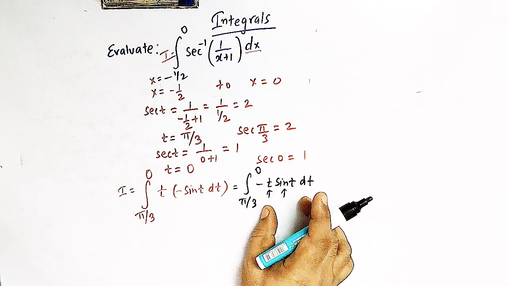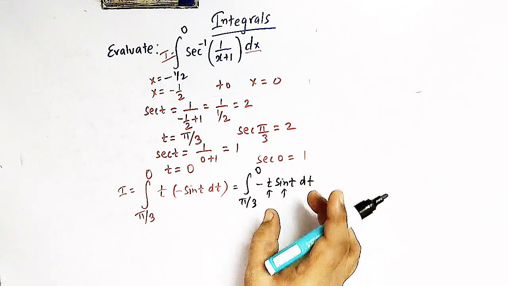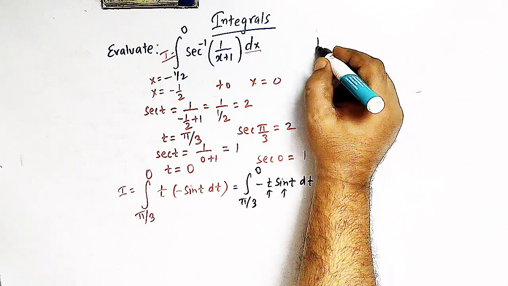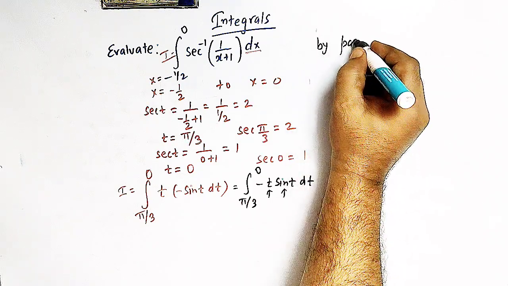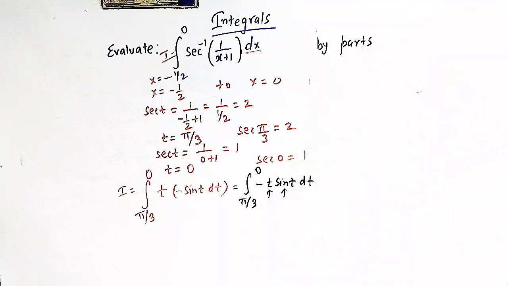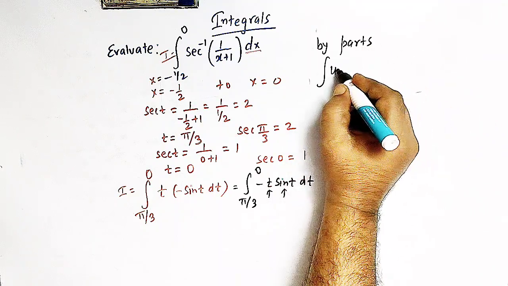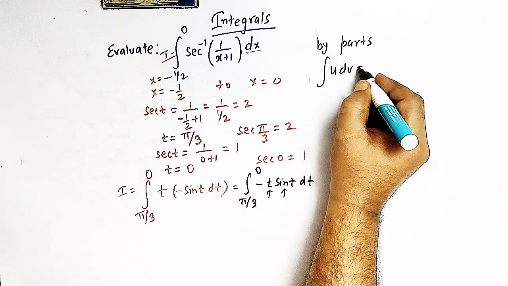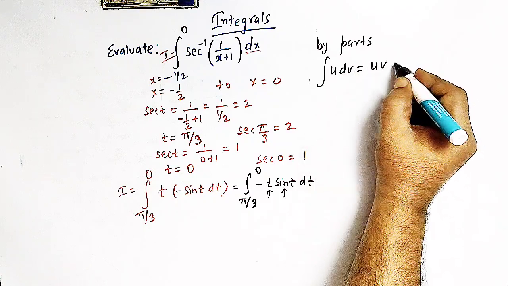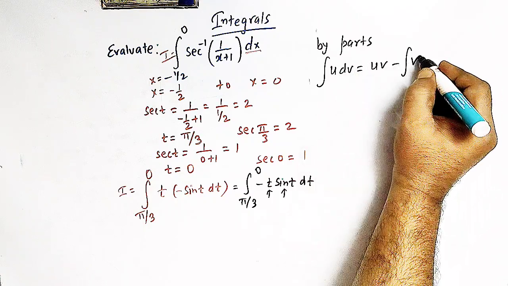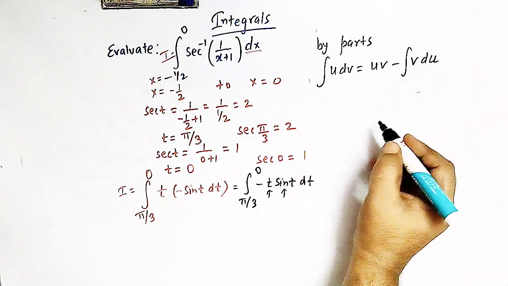So to evaluate this integral, we'll make use of integration by parts, and the formula for integration by parts is given by integral u dv is equal to uv minus integral v du.